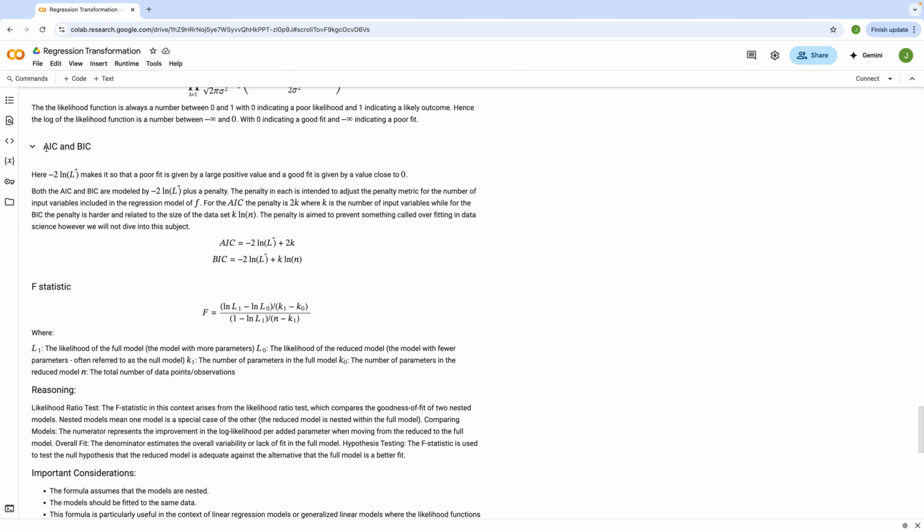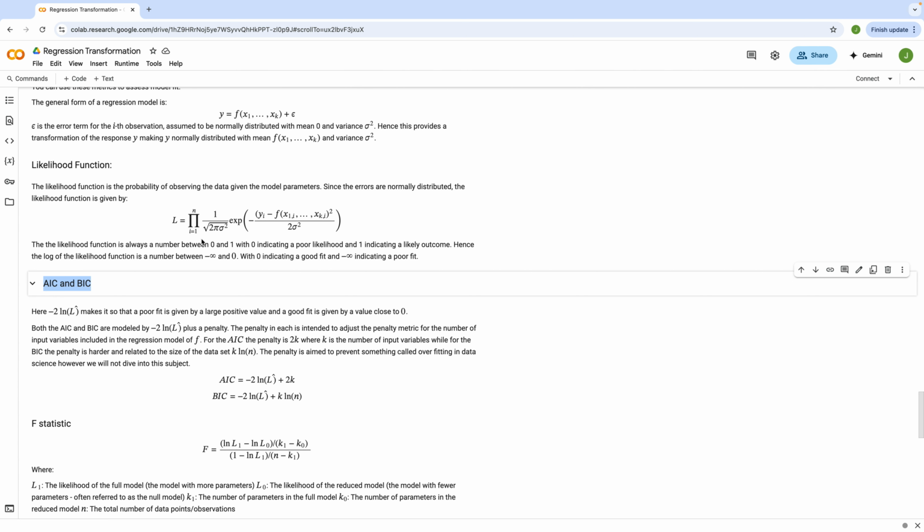Now, there's another one called AIC and BIC. And AIC and BIC are forms of the log likelihood. So here the AIC formula is minus twice the natural logarithm of the likelihood function. So both AIC and BIC have that component. Now what this minus 2 does is it changes the interval of the likelihood function from being 0 to 1 to being from 0 to positive infinity, because it's multiplied by negative 2.